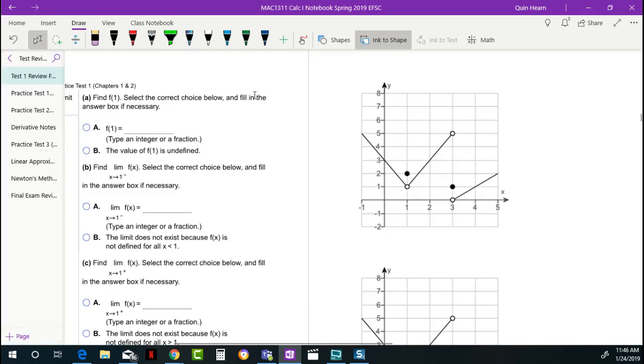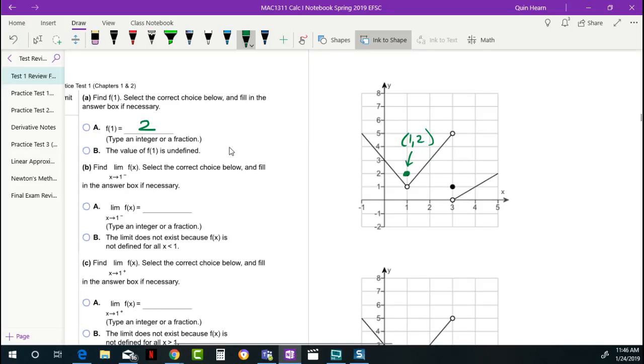So in that case, that's not calculus, right? That's college algebra. They're asking you just to find the y coordinate that goes with the x value 1. So you look at the graph, this is the point associated with the x value 1. So that goes through 1, 2. So f of 1 is equal to 2.